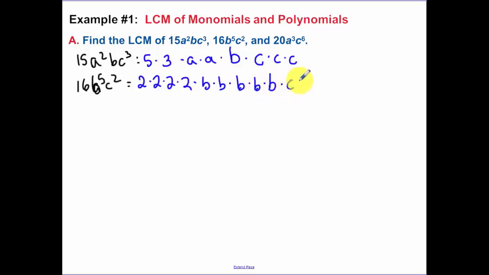And I have c 2 times. Lastly, for 20, a cubed c to the 6th. We have a 4 times a 5. Well, that's a 2 times a 2 times a 5. We have a to the 3rd and c to the 6th.